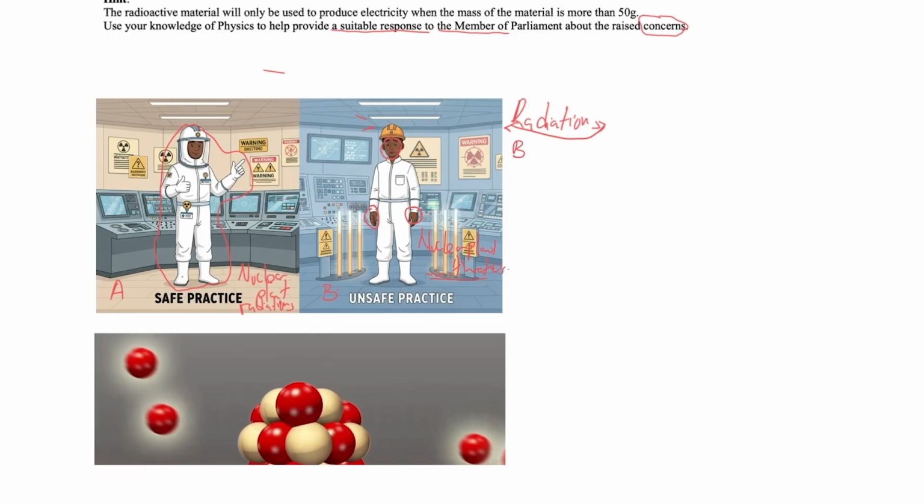Now we say these radiations are very dangerous to human life because they cause skin irritations. So once you are not covered, these radiations are going to react with your skin and you're going to find a problem with your skin.